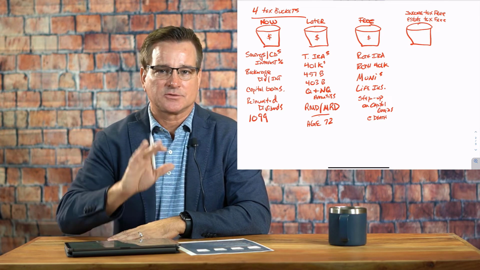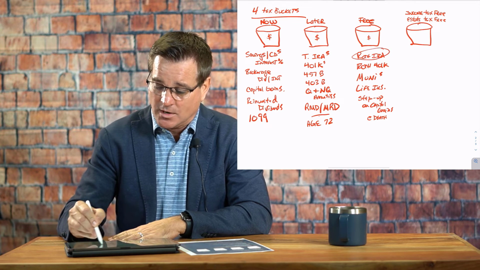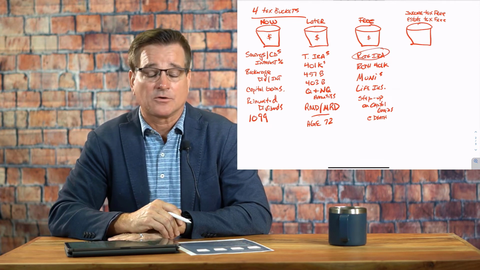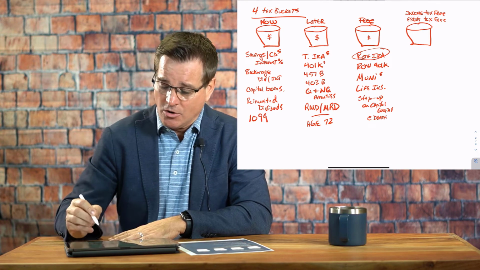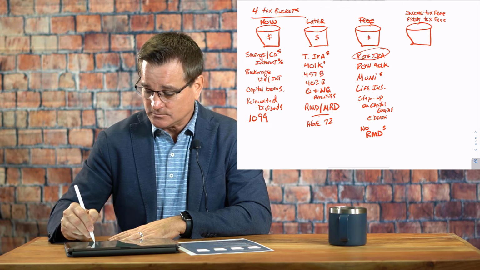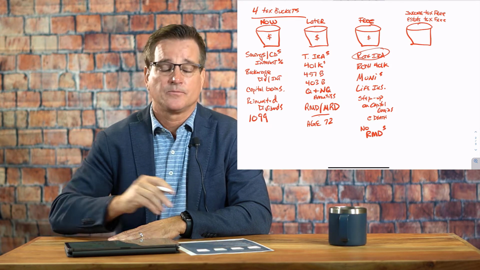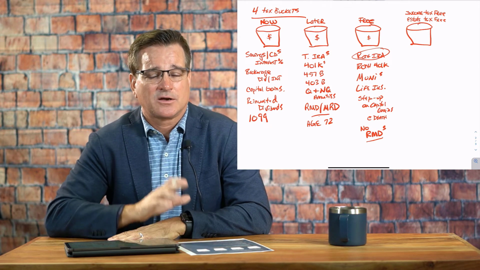Some interesting things right now, again, under current law, the Roth IRA is the number one vehicle that we talk about with a tax-free or the tax-free bucket. There are no RMDs, okay? No RMDs under current law for a Roth IRA. And that's very important. That could be changed.